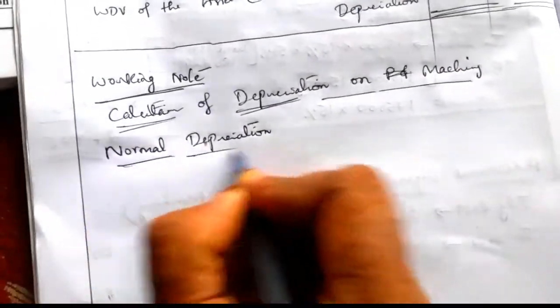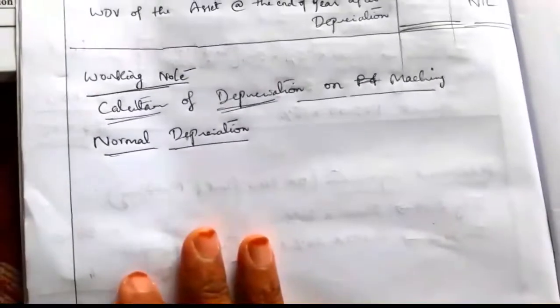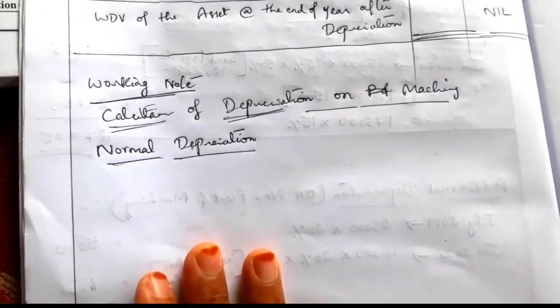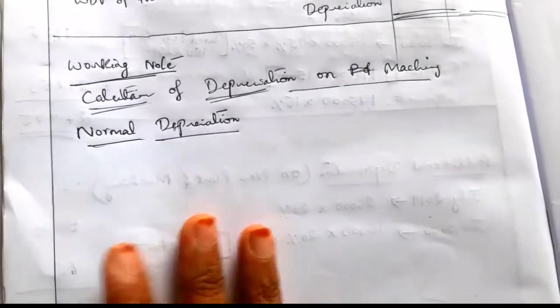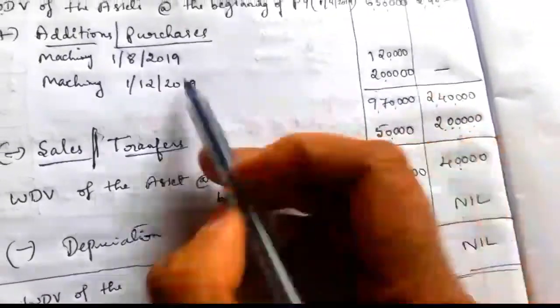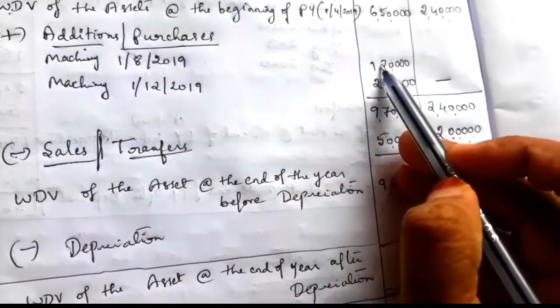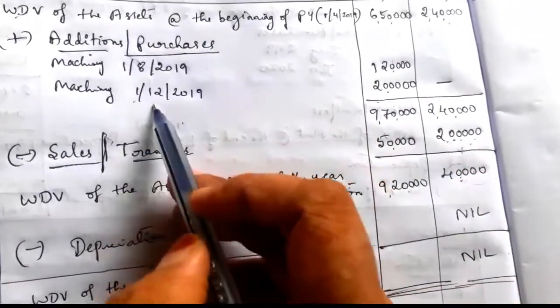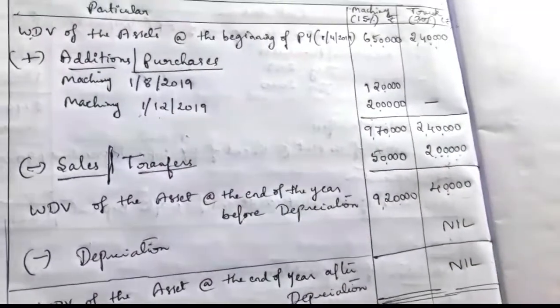Before calculating normal depreciation, we have to remember the point whether any new asset was purchased during the year. If an asset has been purchased, then we have to check whether that asset was used in the business more than 180 days or less than 180 days. So we have two new machineries here. One is purchased on 1st August 2019 and the second one is purchased on 1st December 2019.